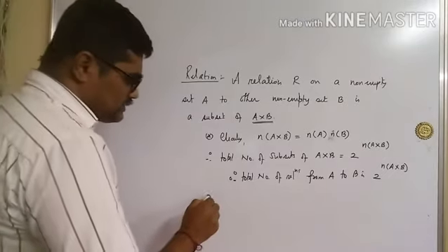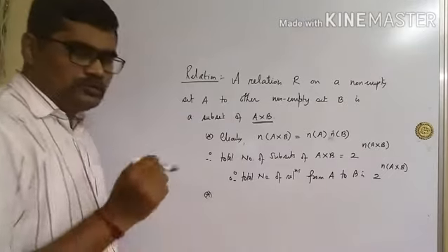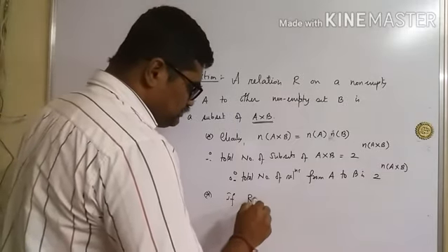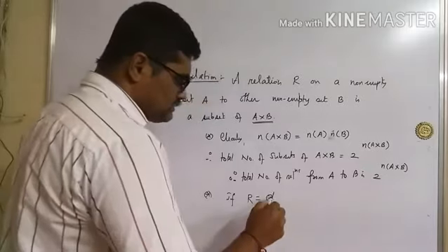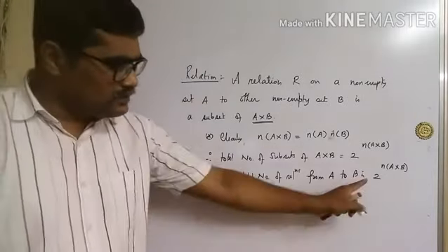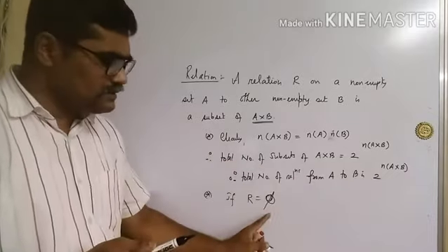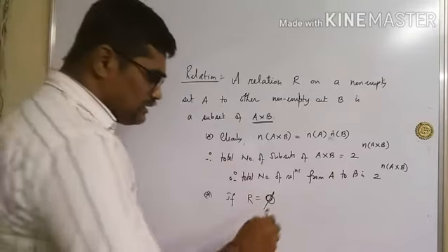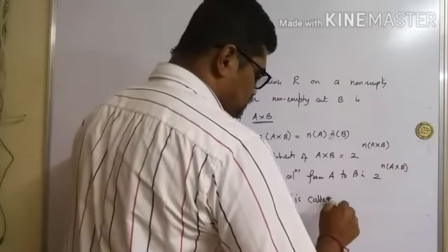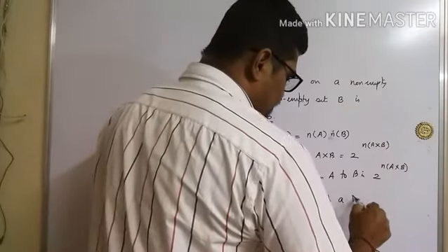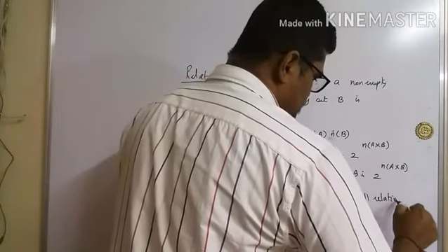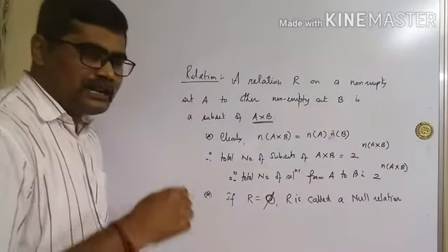Next, out of this, there are two more things we have to remember. If by chance the subset of A cross B you are considering is a null set phi, then R is called a null relation, or you can say an empty relation.